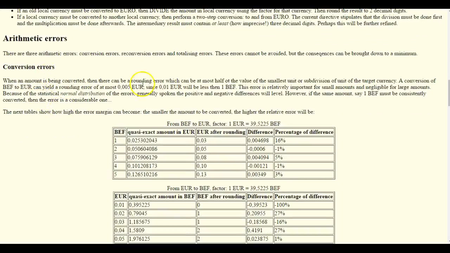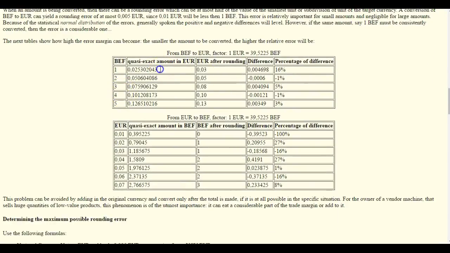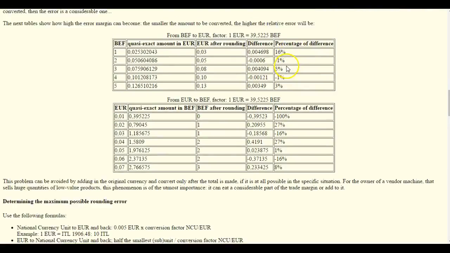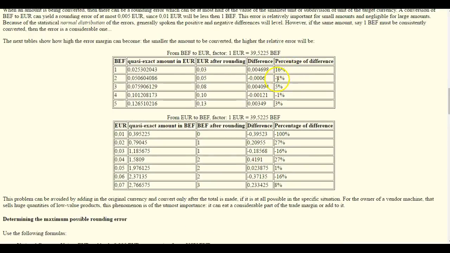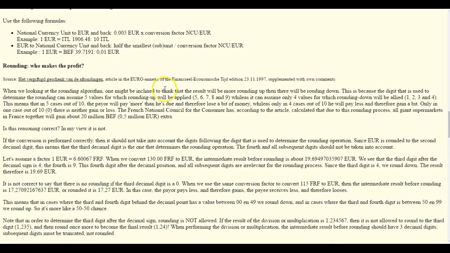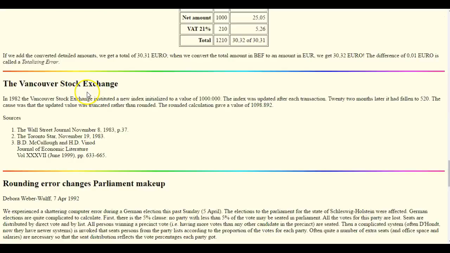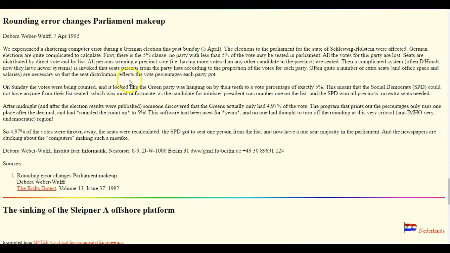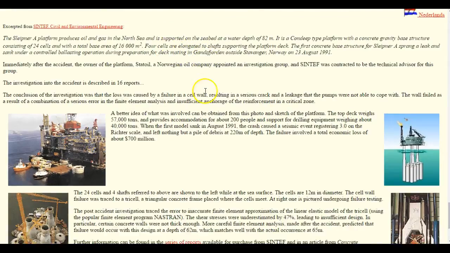They had an arithmetic error, and they talked about these conversions. So when you're looking at the Euro conversion, there are these huge differences. That's real money that people are talking about when they're doing these conversions from one rate to another rate. So that's a pretty big error. So as you scroll through, you can see some of these other errors. Feel free to read through these, and you can see there's a whole bunch of them.